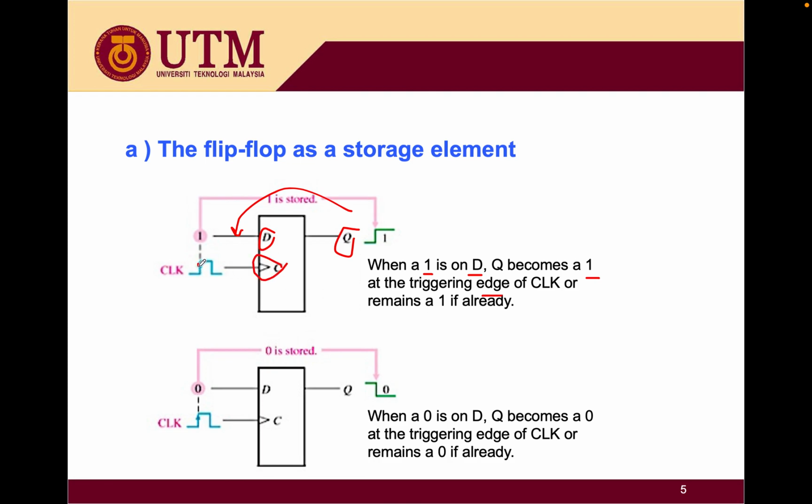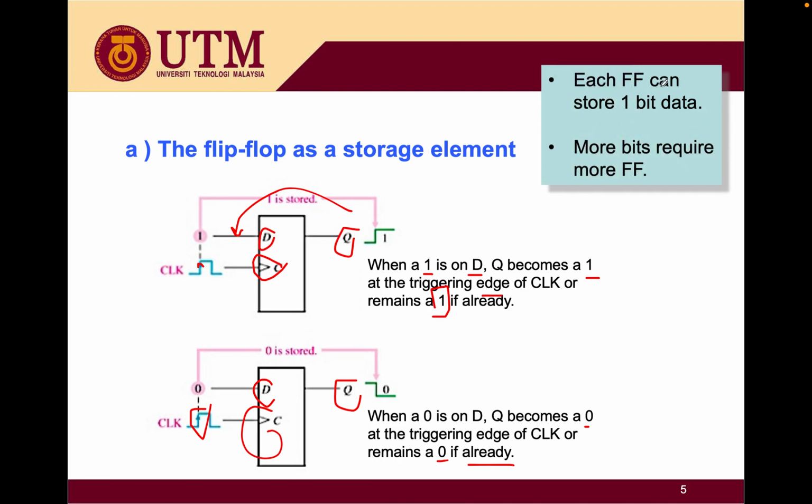When you have the positive clock trigger, it's going to remain as 1. And if you have 0, you're going to have Q as 0. It becomes 0 when you have a trigger, whether it's a positive clock or a negative clock, depending on your clock here, right? Or it remains as 0 if already triggered. So it's going to remain until you have another trigger clock, isn't it? And it always follows your D.